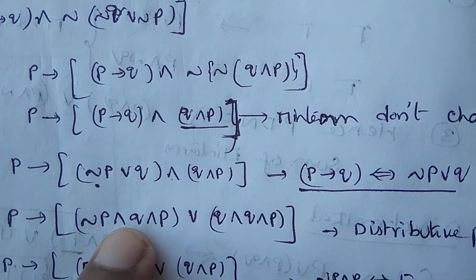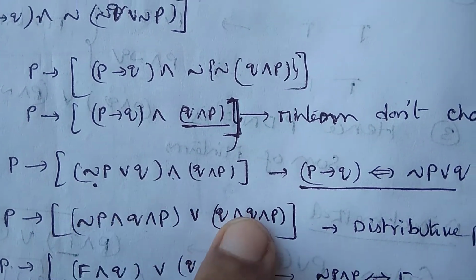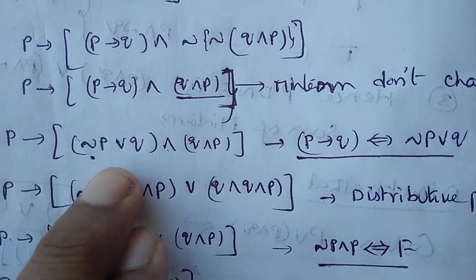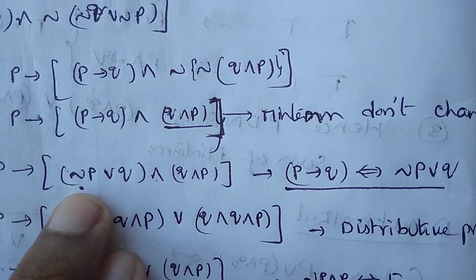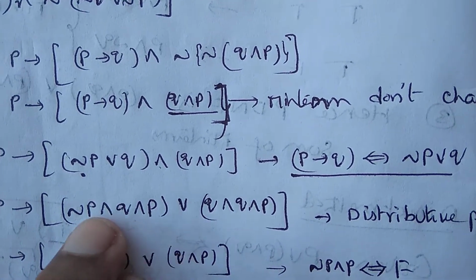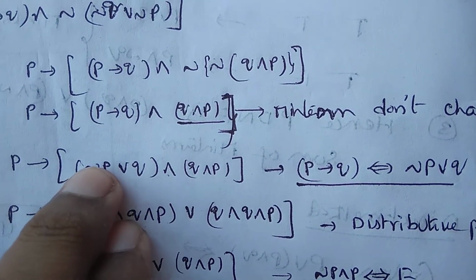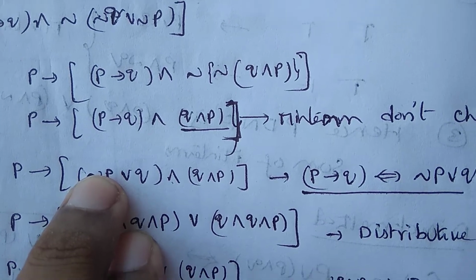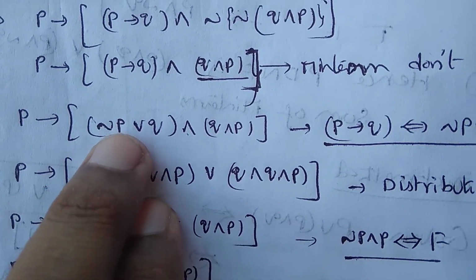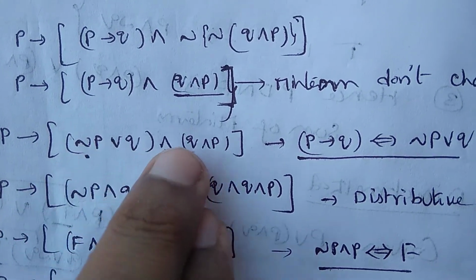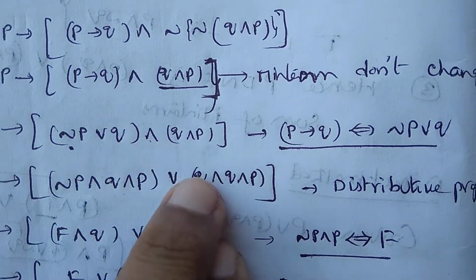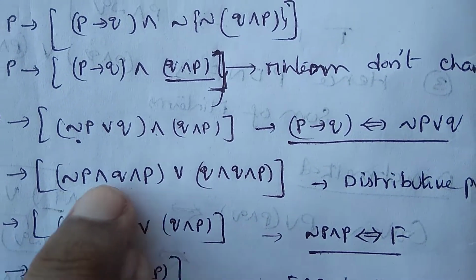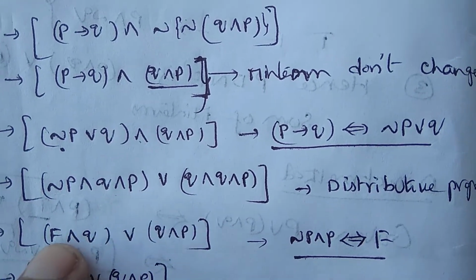Negation P, how can you write from this step to this step? So here we are applying the associative property: negation P and Q, and P or Q and P. So negation P and P gets false.